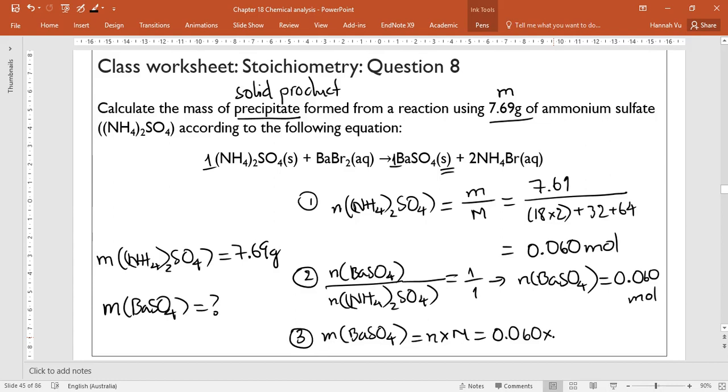I remember that. Okay. So the molar mass of barium sulfate is 233.3, and if you multiply this by the number of mole, I got 14 grams. Let's just write the molar mass here. Okay, so 14 grams correct to two significant figures.